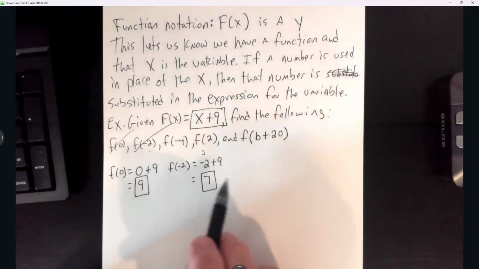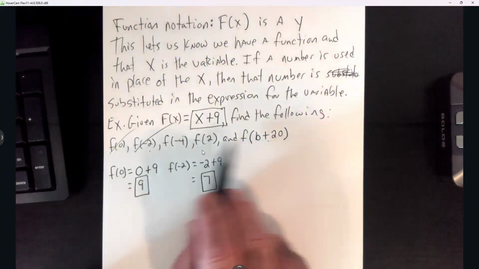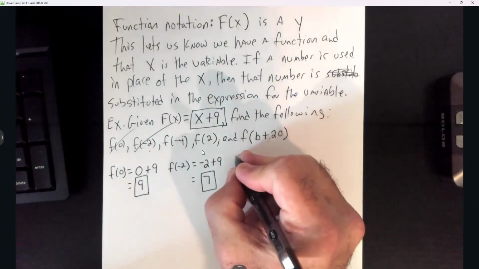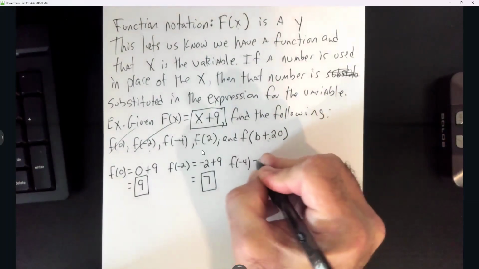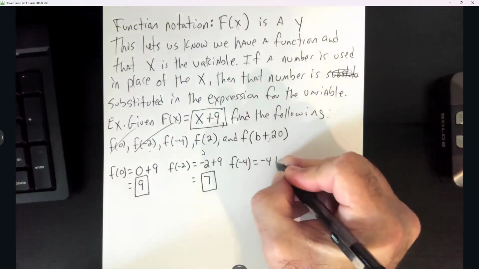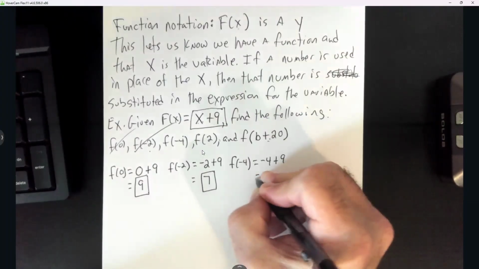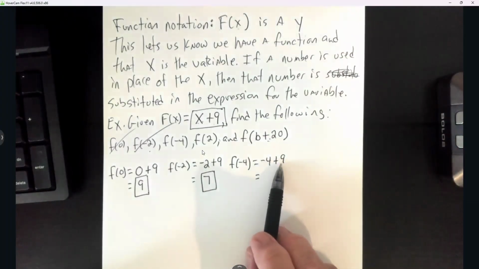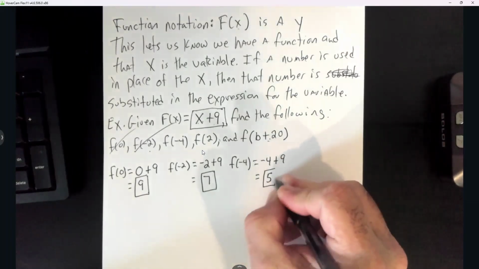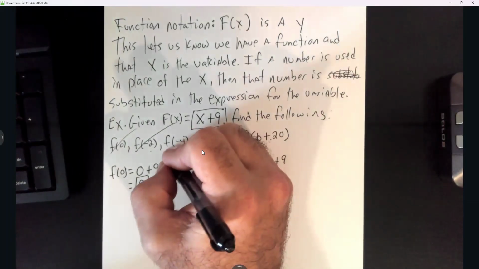And that's all we're doing is substituting whatever number they give me inside the parentheses for the x. F of negative 4. I'm going to put a negative 4 in for the x. I got negative 4 plus 9. All right, y'all. Negative 4 plus 9 is a positive 5. So that takes care of f of negative 4.